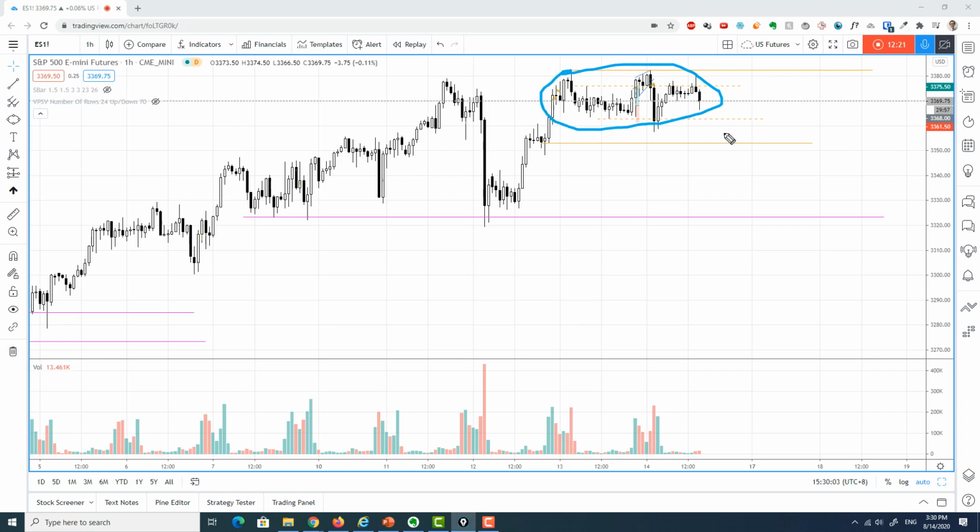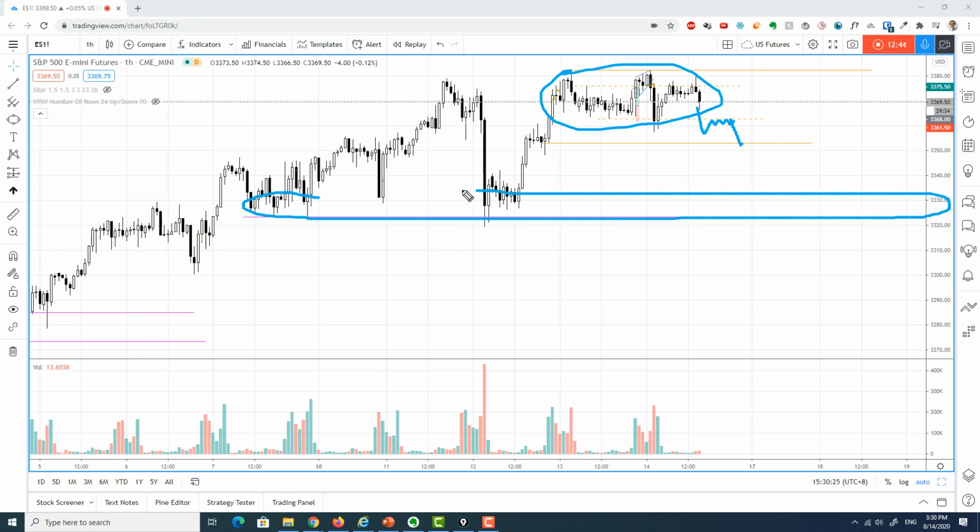But if this fails, and there's no rebound and we struggle to go back up above the level at 3360, followed by an impulsive down, then definitely I think we are looking at the next support level near 3320 to 30. So it will come back to test this level and we'll see whether it can hold.